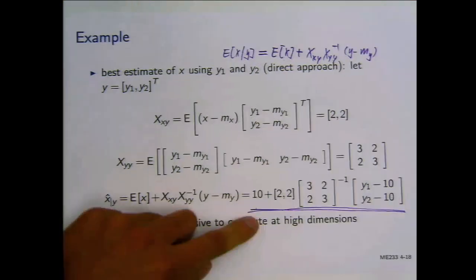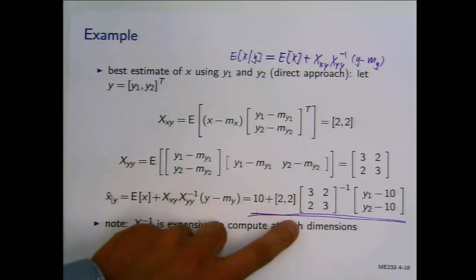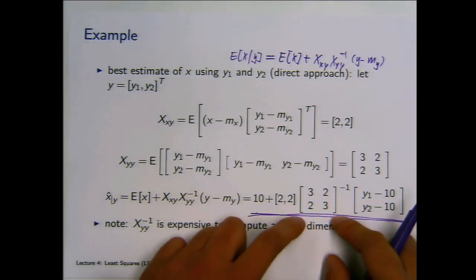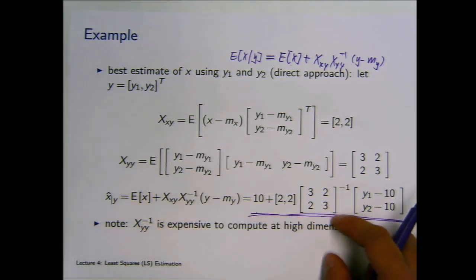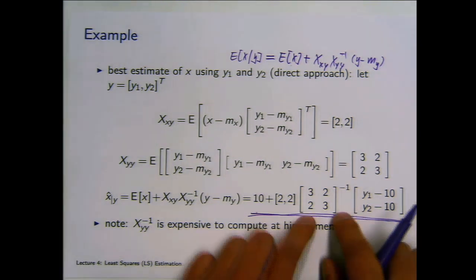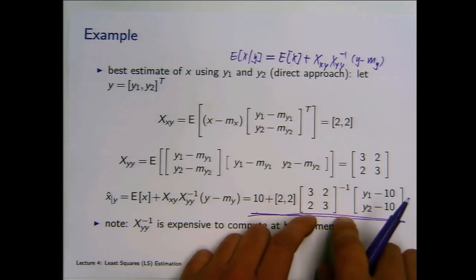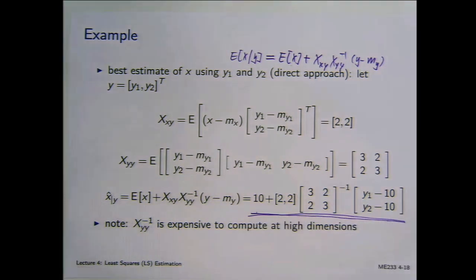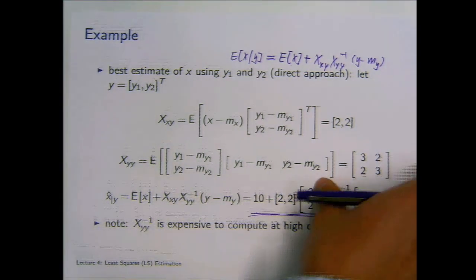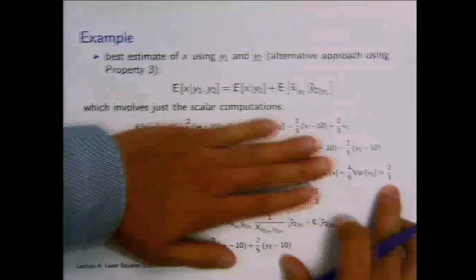It's great for low order computations, but imagine if I'm doing an experiment and I take a measurement every 1 second over 1 hour. It's going to be a huge matrix here, and taking the inverse of that matrix is going to be a real pain. That's why we learned this approach.